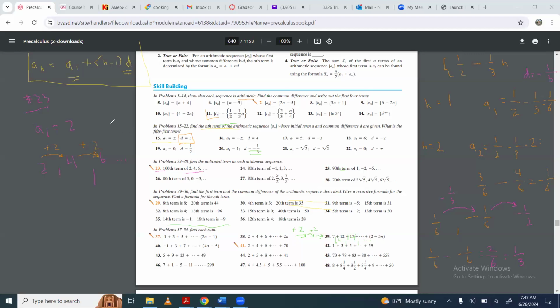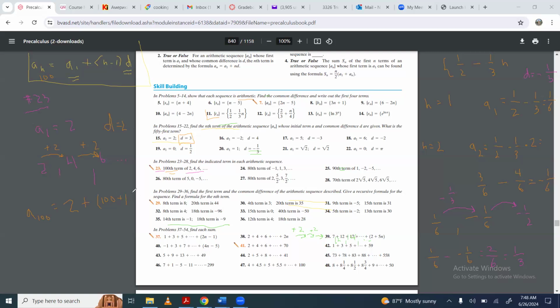So if you have difference 2 and the first term is 2, well, if they want to know term number 100, well, put 100 instead of n in this formula, and you will get the answer. So all of these problems go under this formula, and in order to use it, you need the first term and you need difference. And of course, know the n, they always give you that, so that's 100 minus 1, so we're gonna have 99, right?